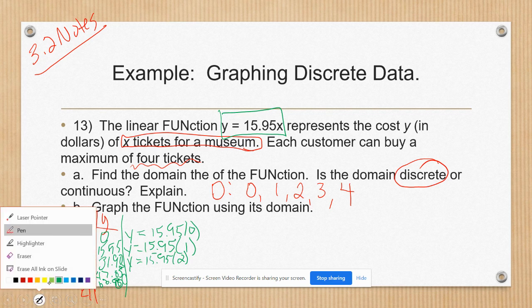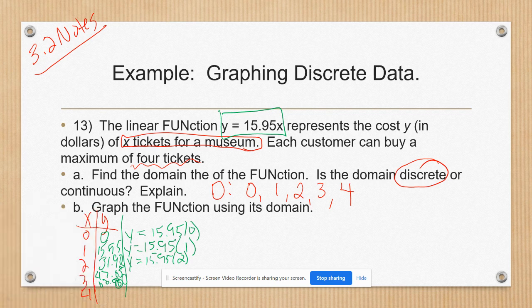Plotting our graph, we do have decimals, so we're probably going to have to do some estimating. And we're going from 0 to roughly about 64. So here's our 4, and our x-axis is tickets.